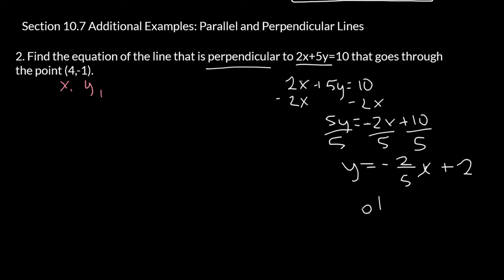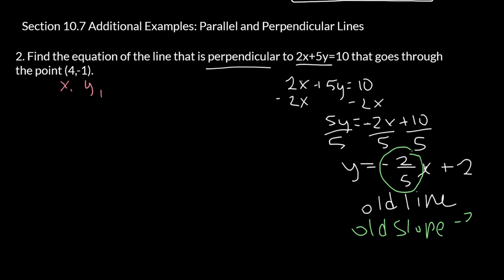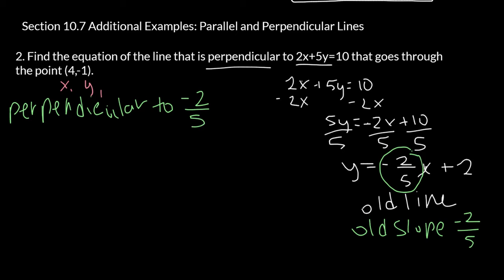So let's call this the old line. And the old line has slope negative 2 over 5. So let's call that the old slope. Okay, because now for our new line that we're going to find, we want a perpendicular slope. So to find the perpendicular slope, we want the opposite reciprocal.